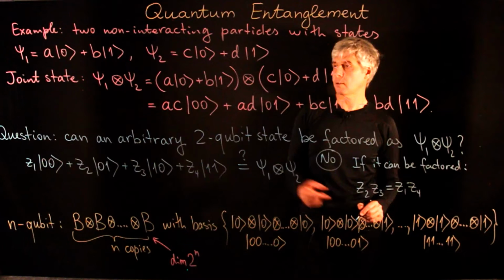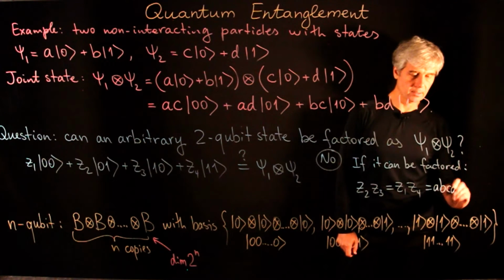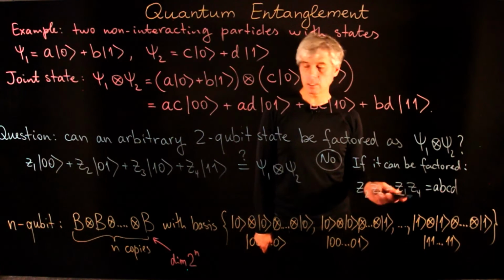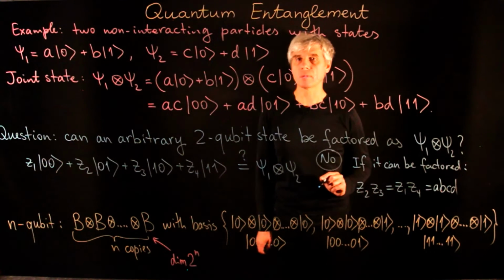Because both products are going to be abcd. And so this means that if this condition fails, then this factoring is impossible.